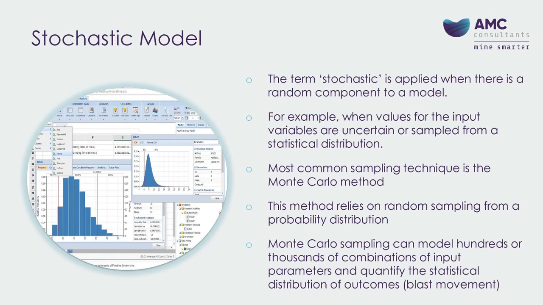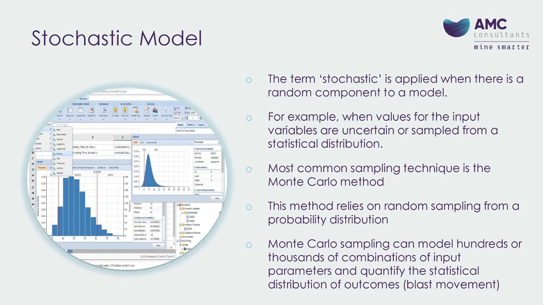Okay, so advancing on this method, I want to talk about the stochastic method, or the stochastic model. The stochastic model takes the template model and just makes it a little bit smarter. It accounts for the inherent variability of blast movement. So a little bit of background in terms of stochastic models.